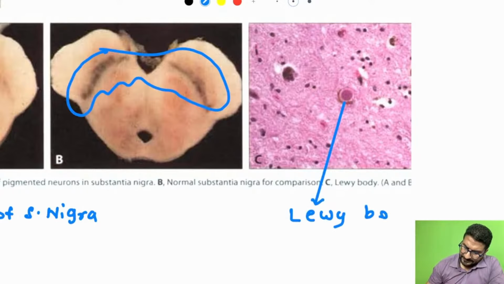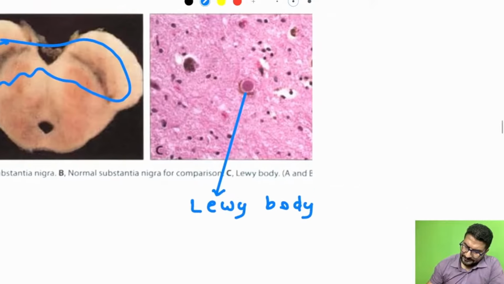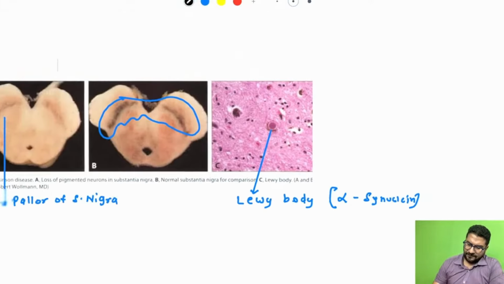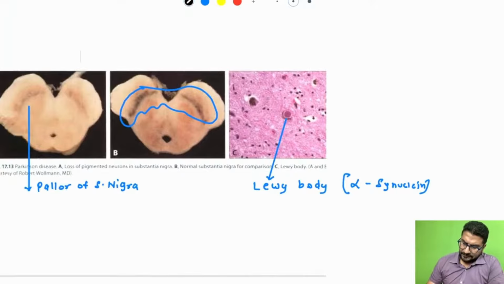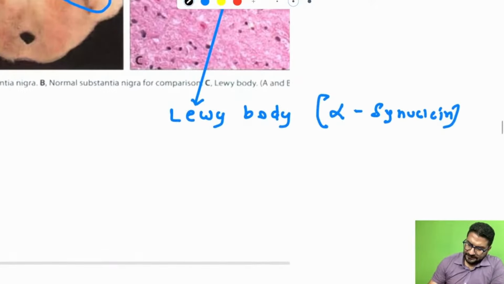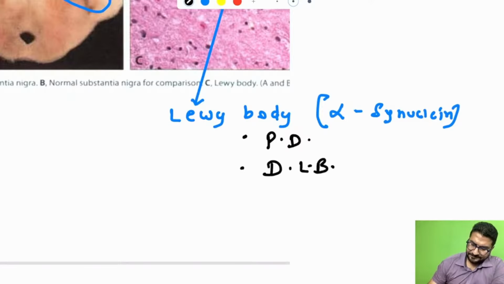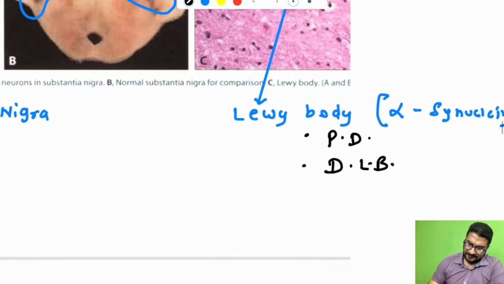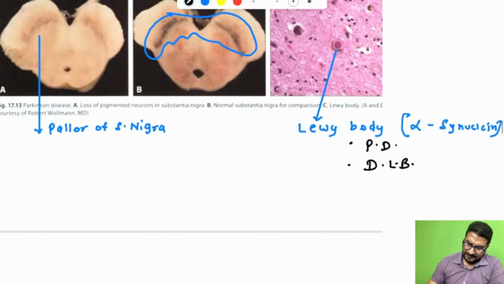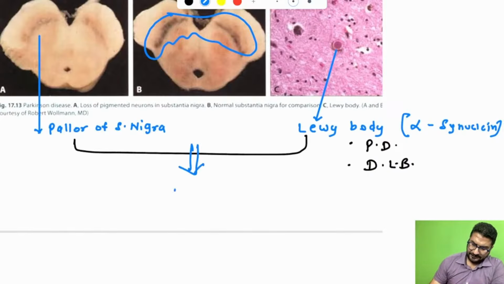These Lewy bodies are made up of alpha synuclein protein. Lewy body you will find in two places. It is seen in Parkinson disease, and there is one more condition, dementia with Lewy bodies. So understand this, substantia nigra pallor and Lewy bodies you will see in a patient of Parkinson disease.